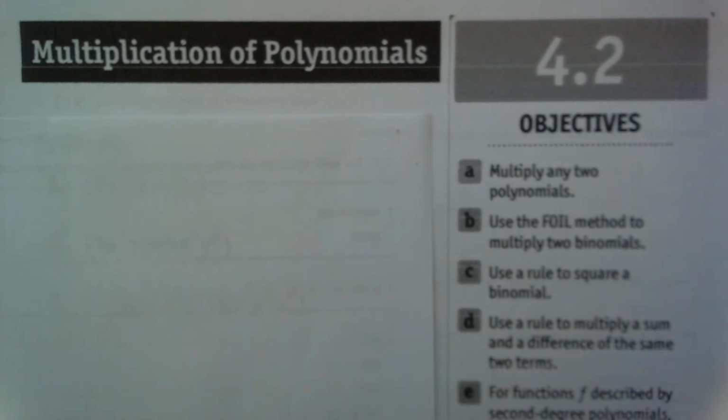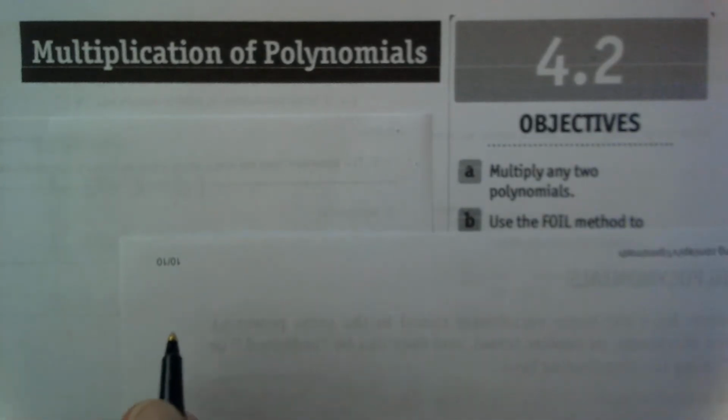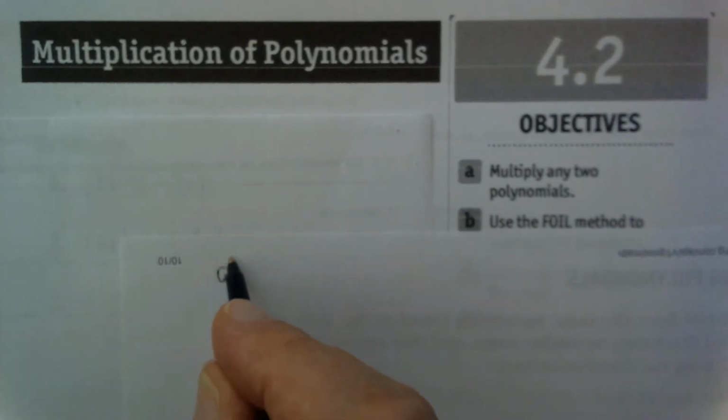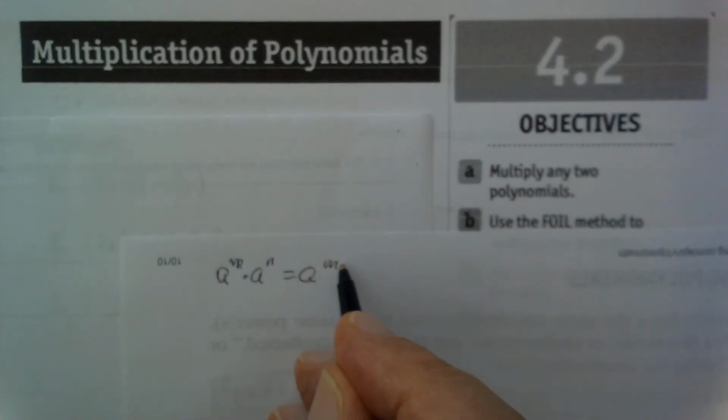And so I'm just going to review that little bit here, not extensively. The product rule basically says that a to the m, where a is the base and m is the exponent, times a to the n, in other words, if the bases are the same, is a to the m plus n.